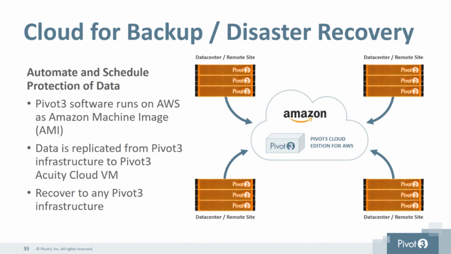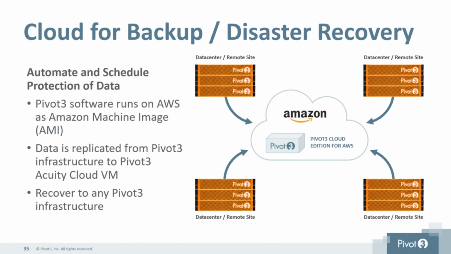This is actually the full version of Acuity running in AWS. It's an important move beyond just running in a VMware environment, and it's the beginning of getting towards a software package that can run multi-cloud and also multi-hypervisor.